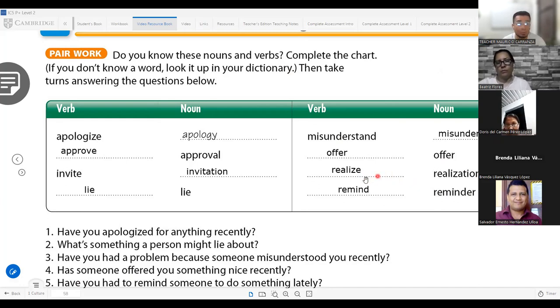So it's like darse cuenta, but the noun, it's the act of realizing. La realización. Okay, it's difficult because realización is different. But it's the act of realizing. When you know something and you understand, oh, this is the correct thing. Oh, realization, right? Any other word?